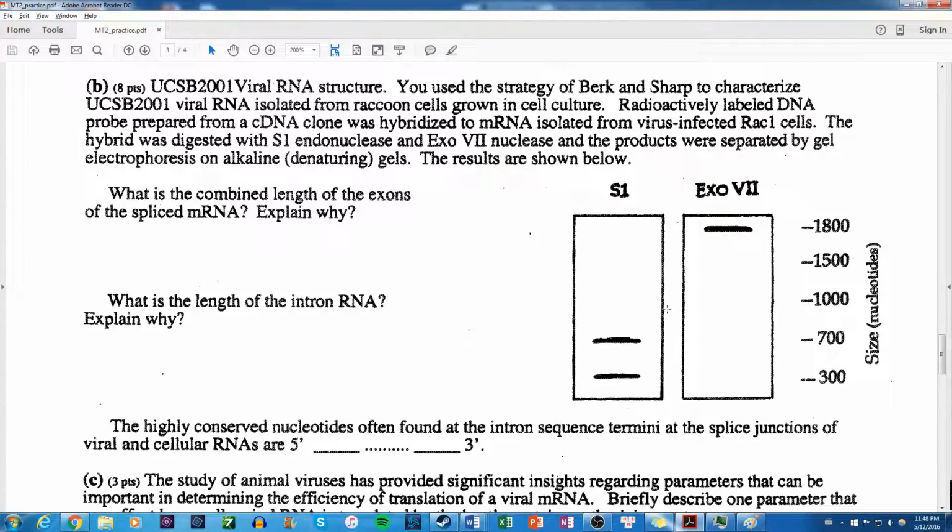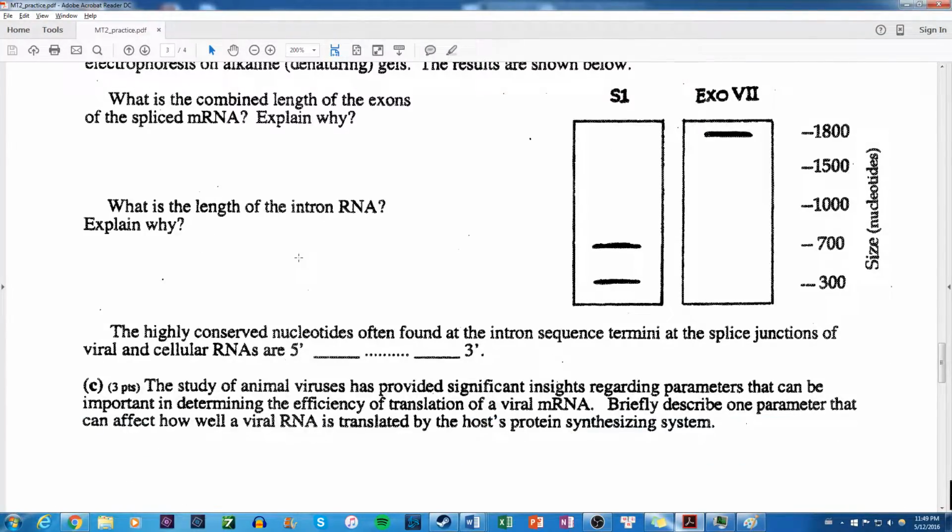You know that 1,000 of the nucleotides are exons, and right here it says that the total size of your sequence is 1,800. So 1,800 worth of intron and exon nucleotides minus 1,000 nucleotides of exons gives you 800 nucleotides left of intron RNA, and you explain why.